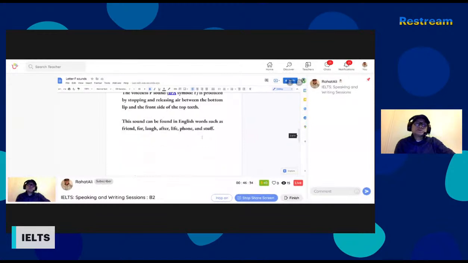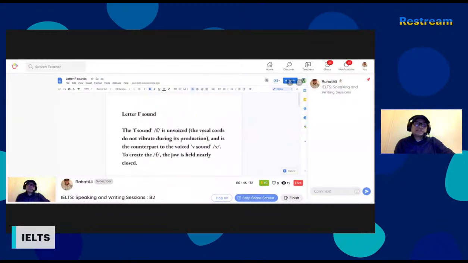So let's go on from the beginning. The F sound is unvoiced. The vocal cords don't vibrate during its production. It is the counterpart of the voiced V sound. To create the F, the jaw is held nearly closed, and we let the air pass out from our mouth.